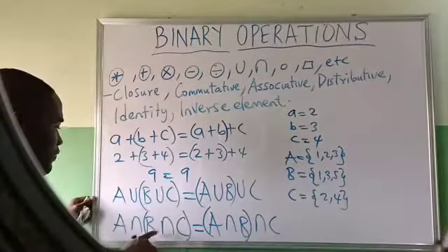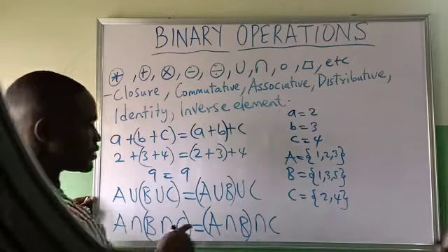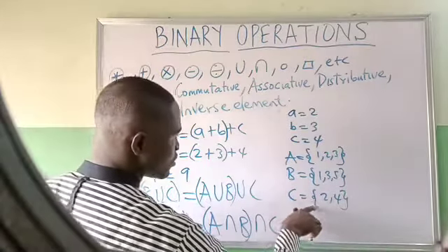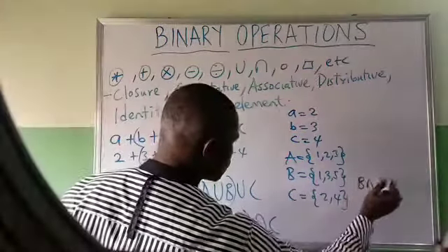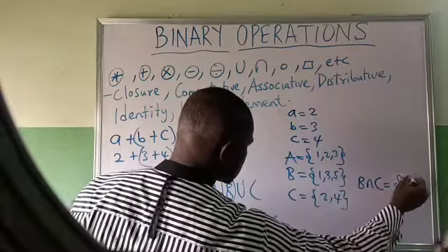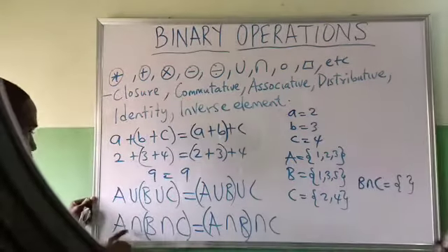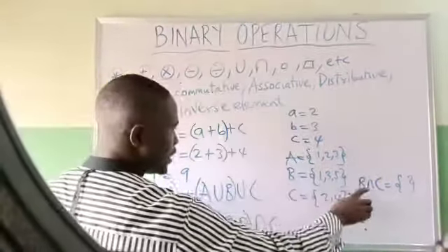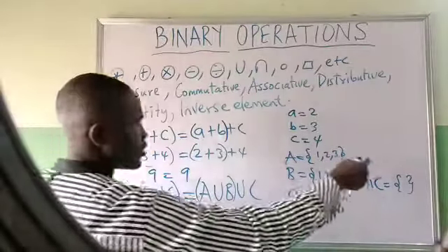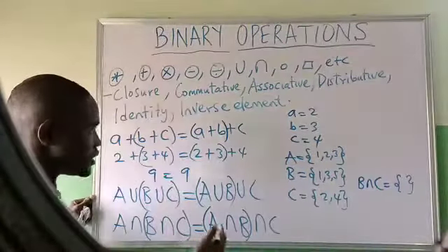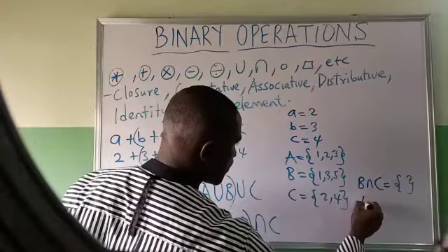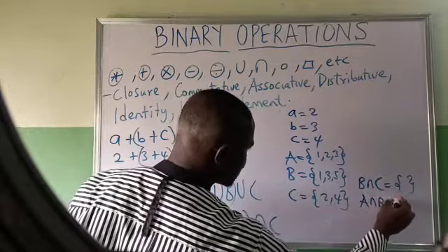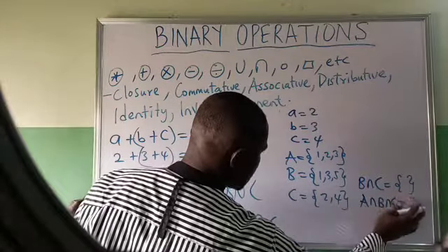B intersection C: no common element, so B intersection C is empty. Then A intersection B intersection C: A intersection this, they don't have anything in common. This and this, what do they have in common? Nothing. So A intersection B intersection C will still be empty.